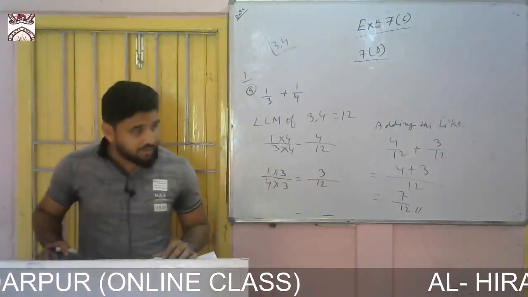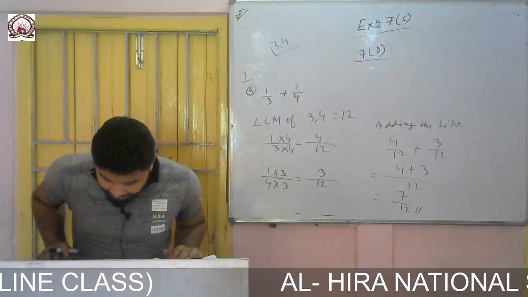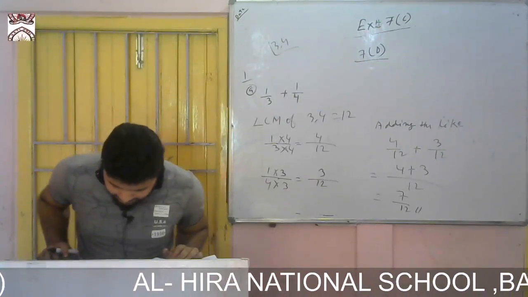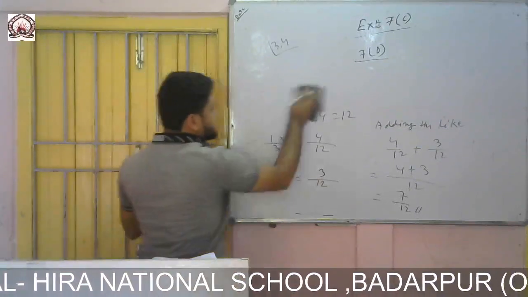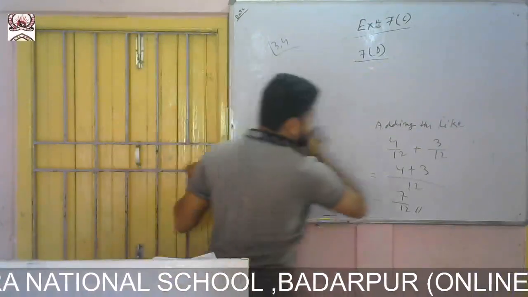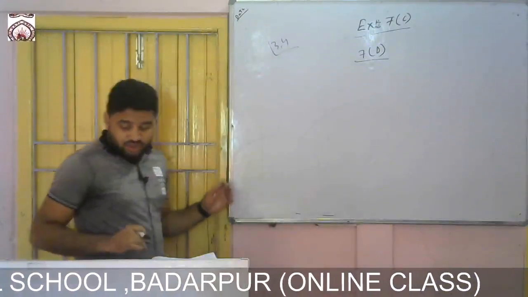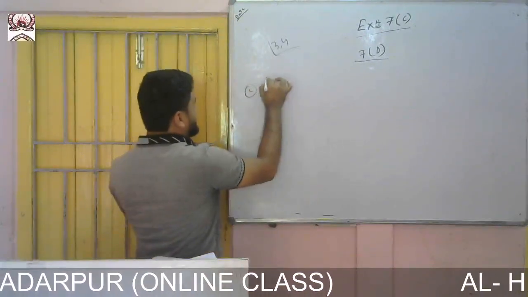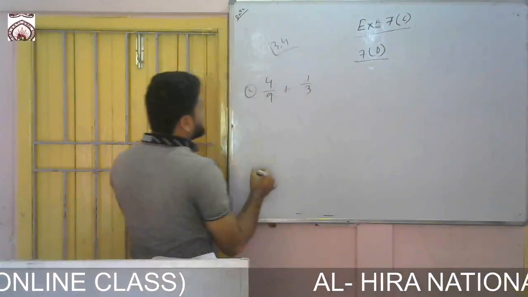Now you come to question number C. What is there? 4 by 9 plus 1 by 3.